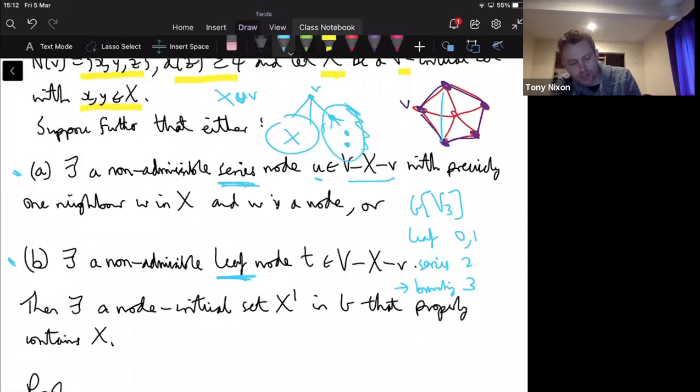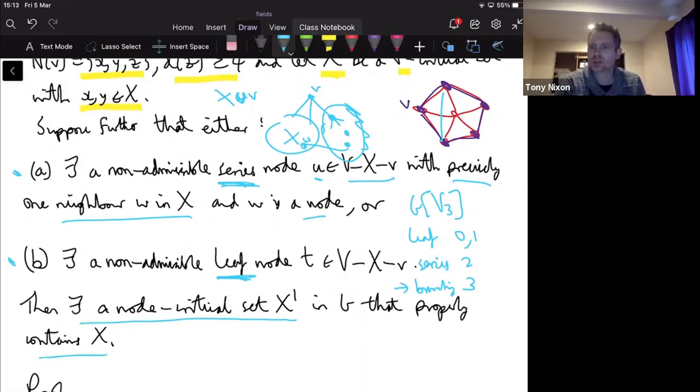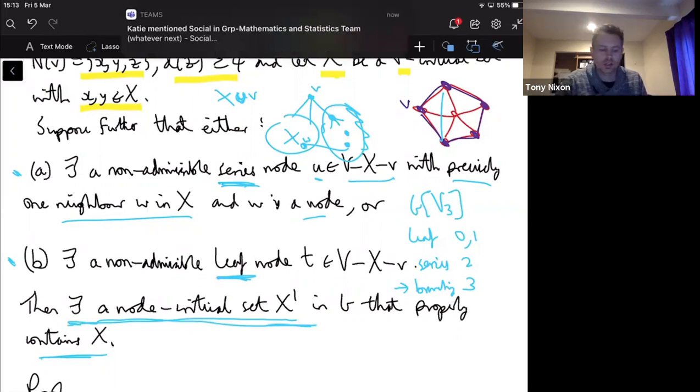I've drawn here. If there's a non-admissible series node U in that blob, with precisely one neighbor W in X, and that neighbor W over here in X is a node, then there will be a node critical set X dash in G that properly contains X. The point of this is we're going to set up a maximality contradiction: in the main theorem we will say, suppose X is a maximal node critical set, and use this lemma to find that there is a larger node critical set that contains the first one.